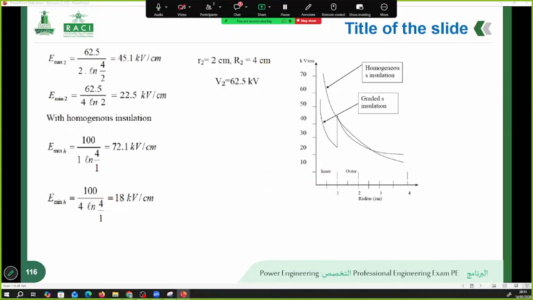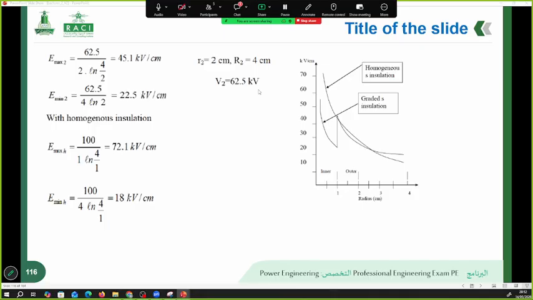So here, this slide compares the electric field distribution in a cable under two different insulation conditions: non-uniform or graded insulation, and homogeneous insulation. For the given geometry, where the inner radius R2 is equal to 2 centimeter, and outer radius is 4 centimeter, and an applied voltage is 62.5 kilovolts.